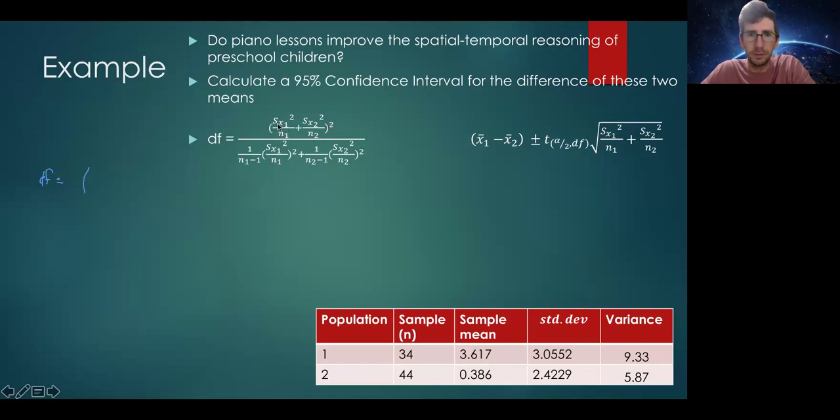So our sample variance from sample 1 is 9.33. Note, I'm not squaring this again because s of x1 squared is already the variance, right? So if we're given the variance, we can plug that directly in. Remember, the variance is just our standard deviation squared.